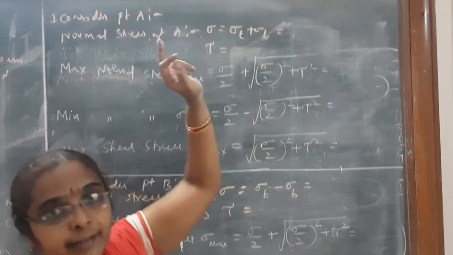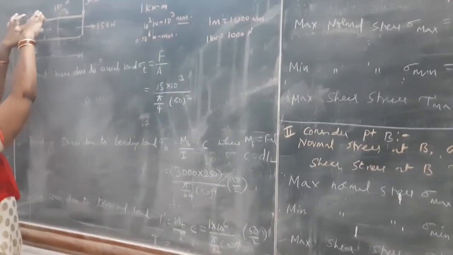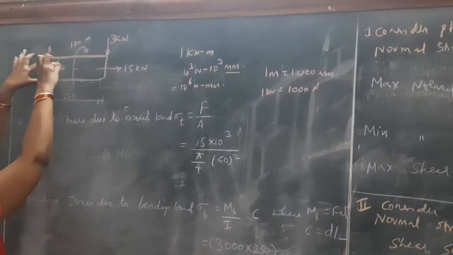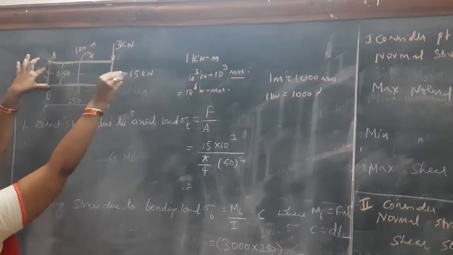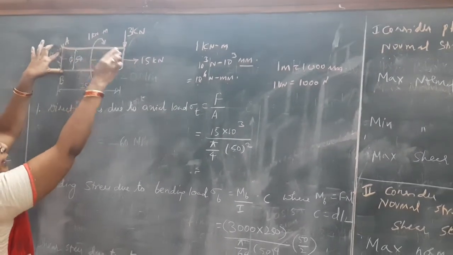Why are we adding these two? You can observe here that due to the bending load, the member is going to bend like this. When the member bends, the upper layer will be under tension.